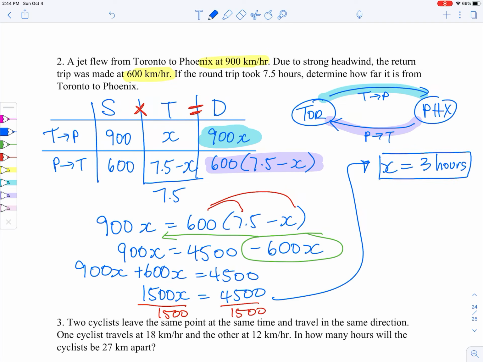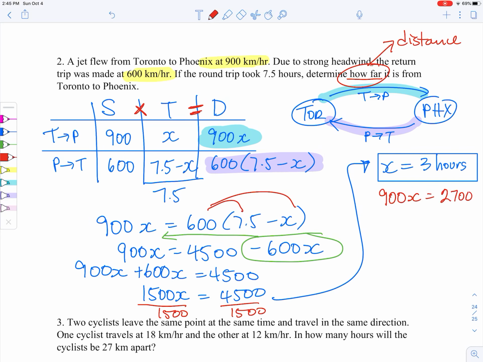And if we look at what they were asking for us to solve, they didn't ask us to find out how long. They asked us to find how far. And that's asking for a distance. So they're asking for the distance between Toronto and Phoenix. So we can do 900 times x, which would be 2700 because x equals 3.